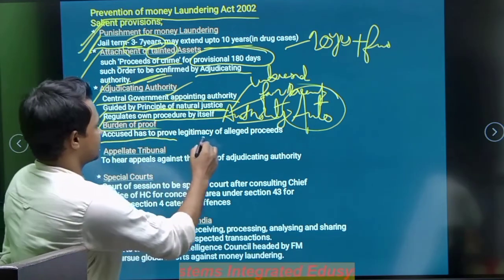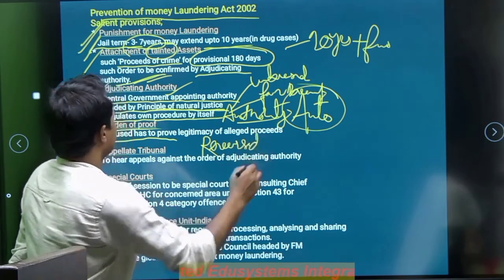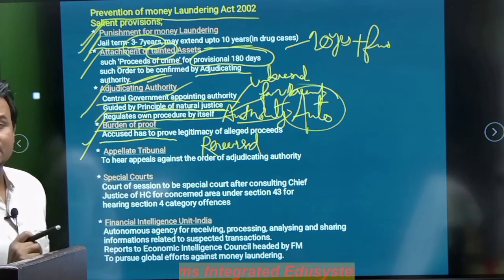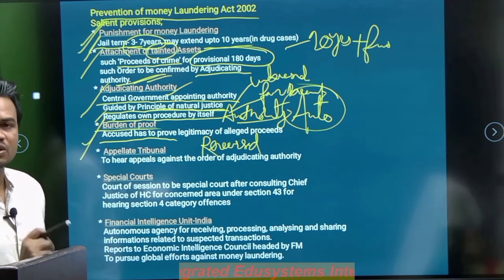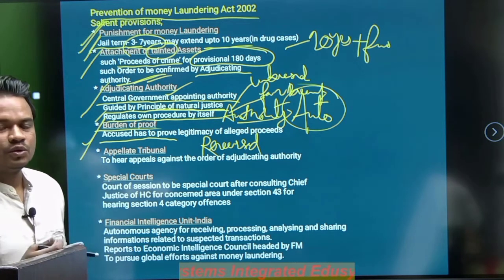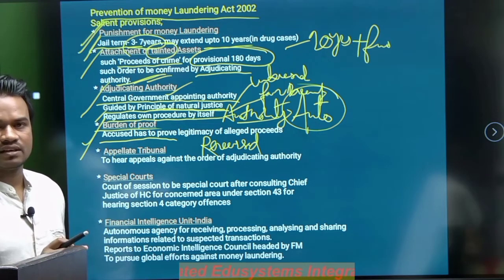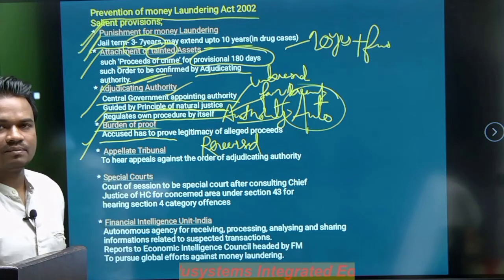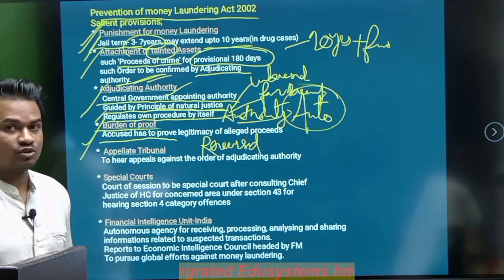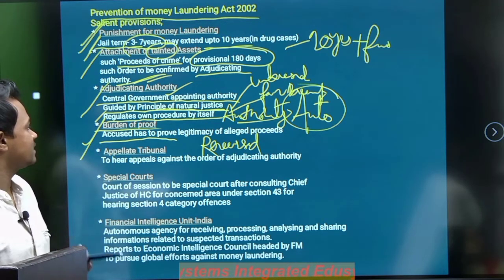This is important. Here the accused has to prove the legitimacy of the alleged proceeds. It is not the enforcement authority or ED who has to prove that the proceeds are because of money laundering. The accused has to prove the legitimacy of the alleged proceeds. This is the reversing of the burden of proof.